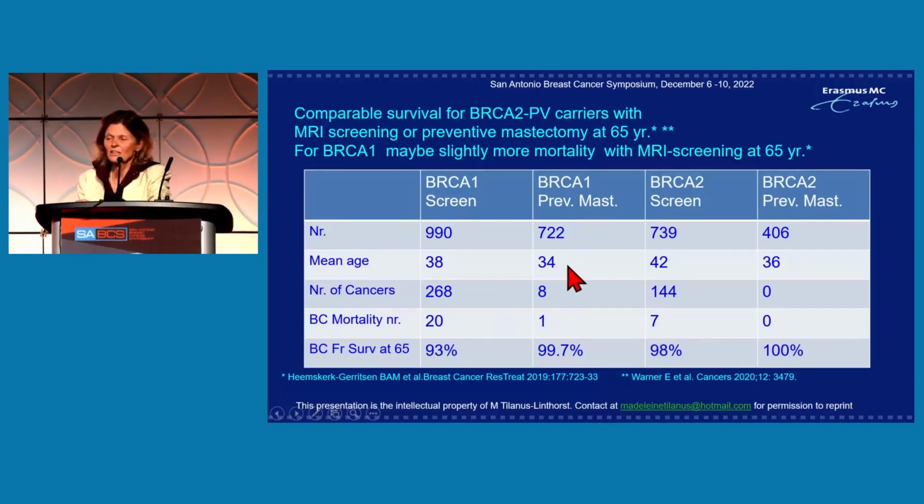But these numbers show that also the screening with MRI and mammography clearly reduced breast cancer mortality significantly. And the same was shown by this study from Ellen Warner from Canada. In 500 BRCA1/2 mutation carriers with 20 years follow-up, she expected a 98% survival, breast cancer specific. So that is quite a very good result.